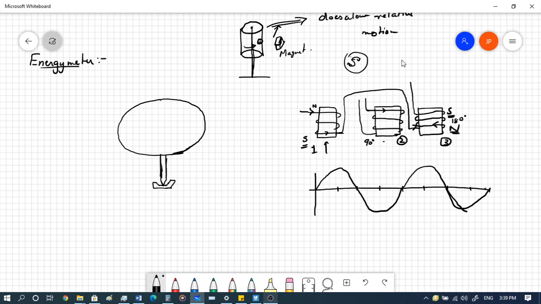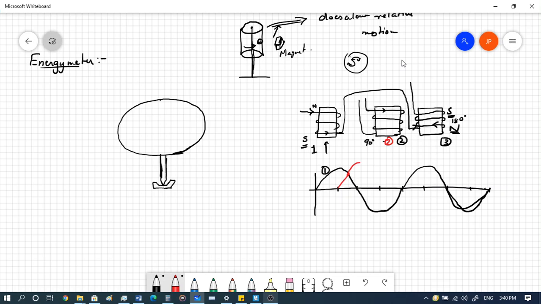Yeah, so it's not so great. So anyway, this is the graph of, let's call this 1. Let's draw the graph of 2. Let's give this as 2. So 2 starts at 90 degrees.